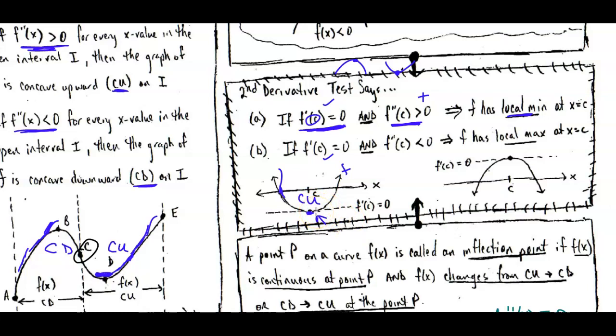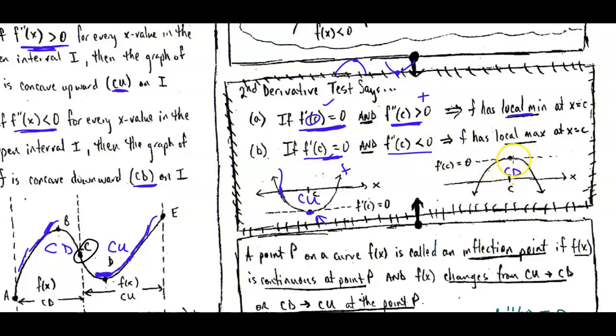aka a local minimum. Okay. Similarly, if f prime of c is equal to 0, meaning I have a horizontal tangent line at x equals c here, and on top of that, I know my second derivative is negative, then those two things tell me that the original function not only has the potential of having a local max or local min there, but it is going to be a local max, because the second derivative lets me know that my function here is concave down.